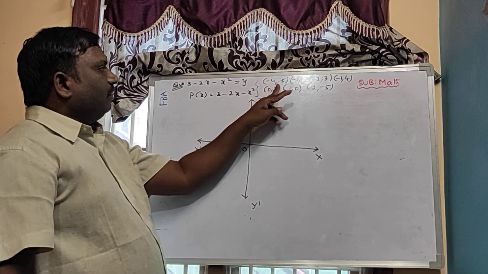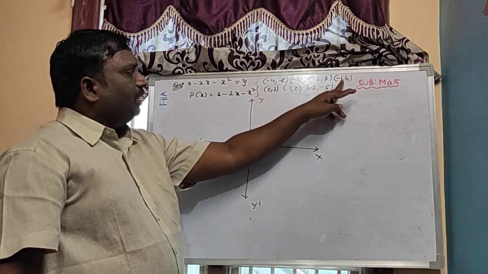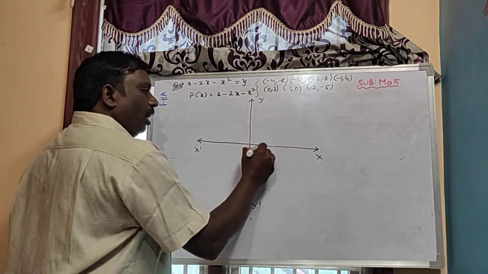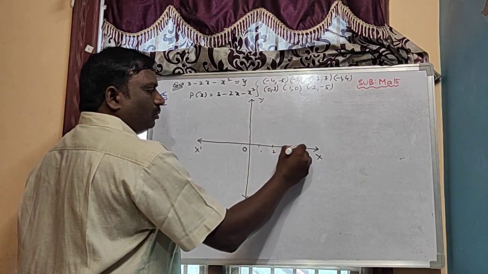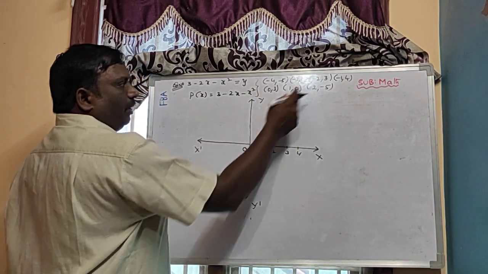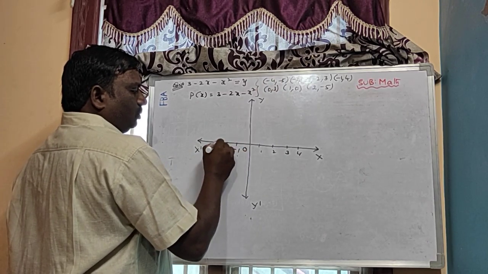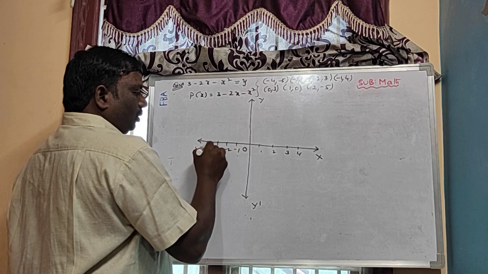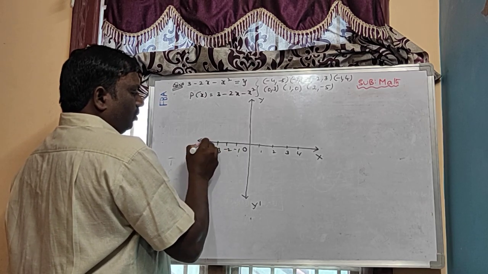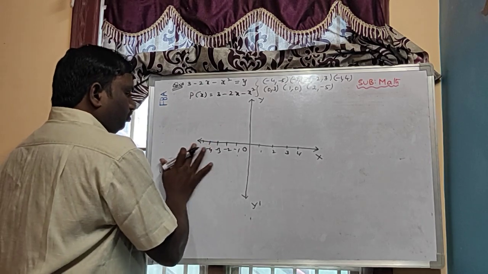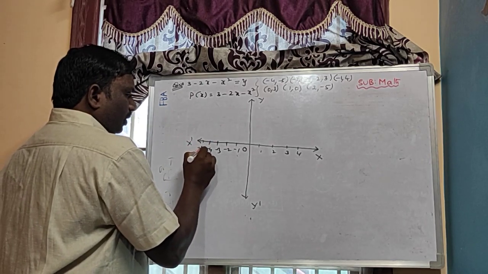Okay, see the x values: minus 4, minus 3, minus 2, minus 1, 0, 1, 2. On the positive x-axis up to 1, 2 only, but I am writing up to 4. But negative values we need to take up to minus 4. So minus 1, minus 2, minus 3, minus 4, minus 5 also I am writing here. So now X dash, this is minus 5.